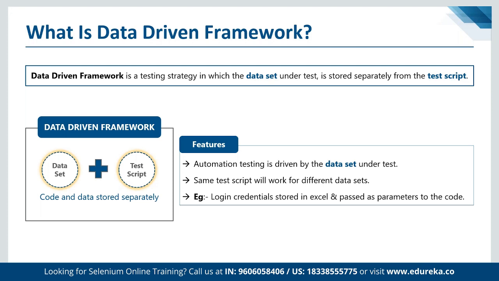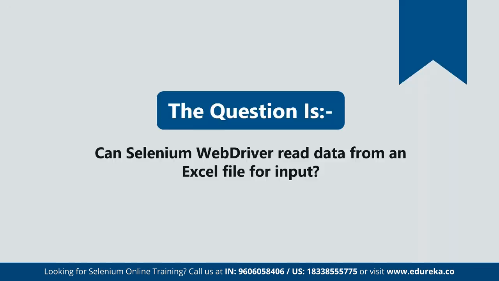So the data-driven framework is a combination of data set plus test script, with code and data stored separately. Automation testing is driven by the data set under test, and the same test script will work for different data sets. For example, login credentials are stored in an Excel file and passed as parameters to the code. So I'll give you a little idea about this particular concept.